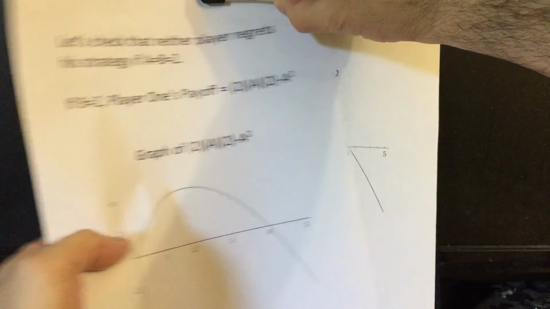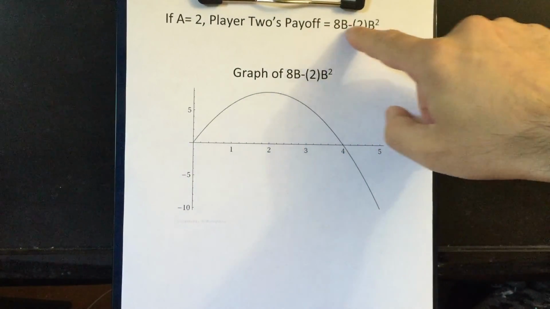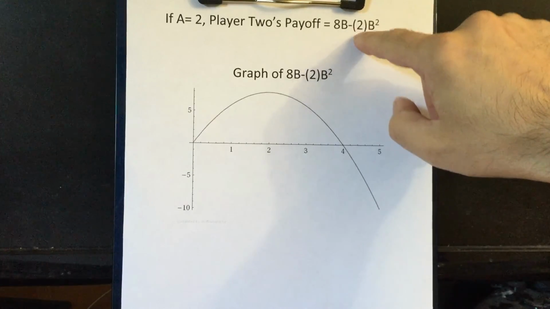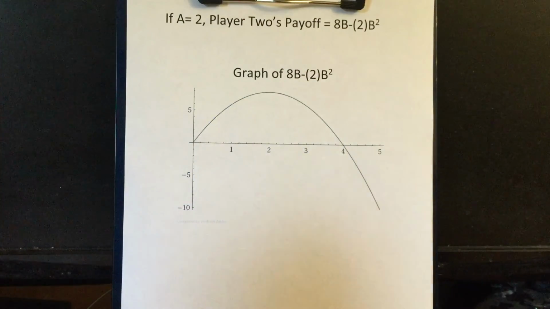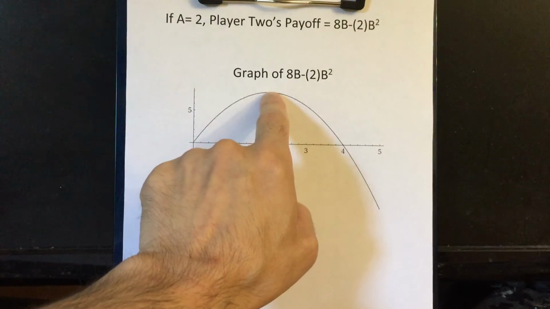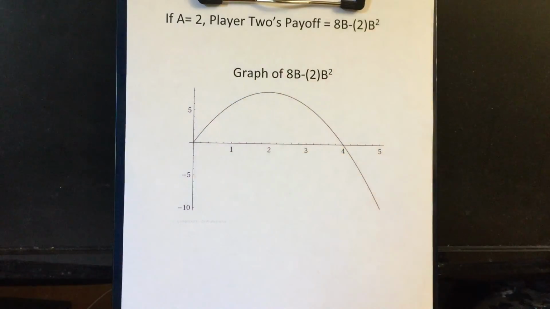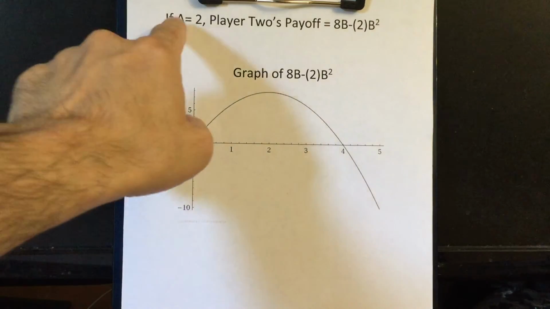And let's do the same for player 2. Now I've got player 2's payoff, but I've put in 2 for A, and we graph player 2's payoff, and we see this is maximized at B equals 2, gives the highest value for player 2's payoff.